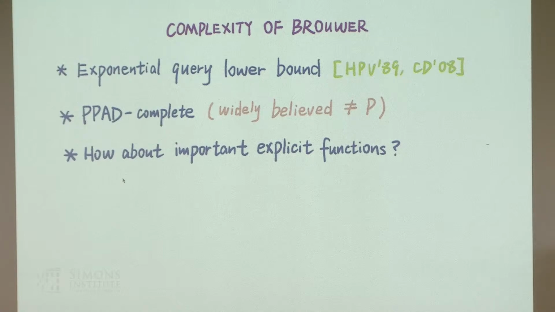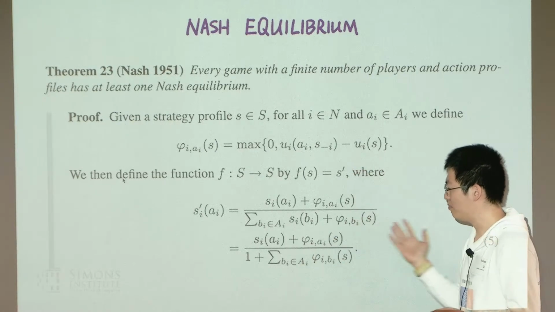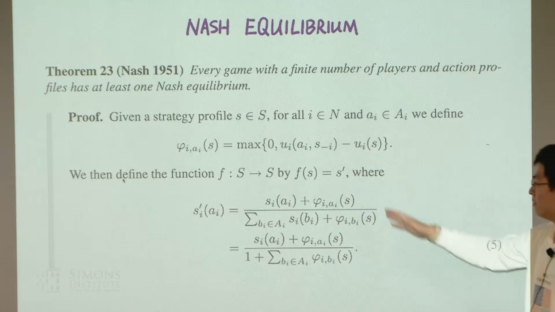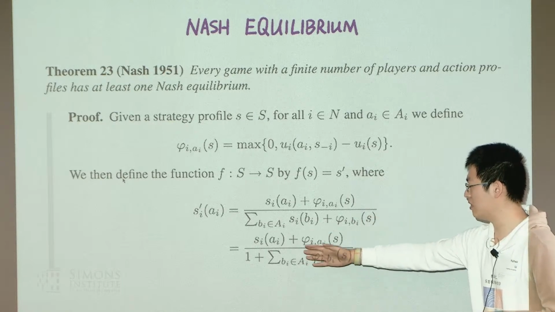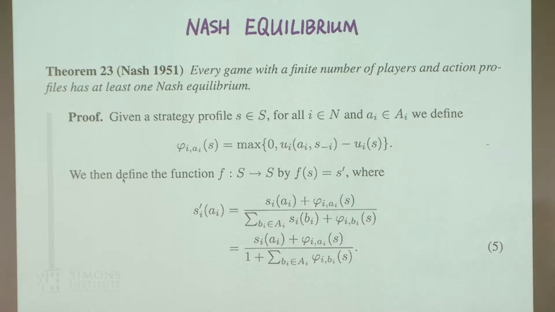And you may ask, let's say we want to find a fixed point of Brouwer, but we only want to consider explicit functions. We don't want to consider general Brouwer. That's not interesting. Then I guess the most interesting case is to compute a Nash equilibrium, which, if you consider the Brouwer function, is such a kind of explicit function. I give you, let's say, two matrices. You can define this kind of function by plus and max of 0 minus the deviation. It is a relatively explicit function.